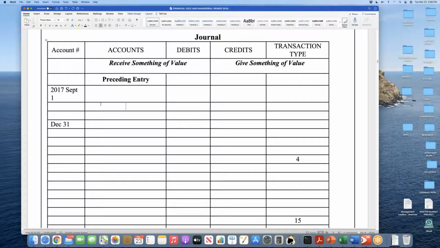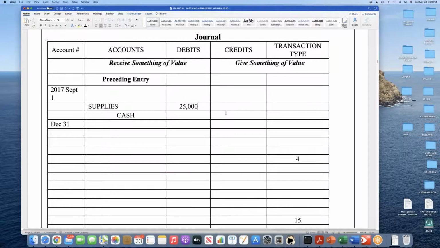So what are you going to debit? Supplies. We're going to debit supplies and then credit cash. Credit cash for how much? 25,000. Yep, that's all it is. Oh, the number's not given to you.